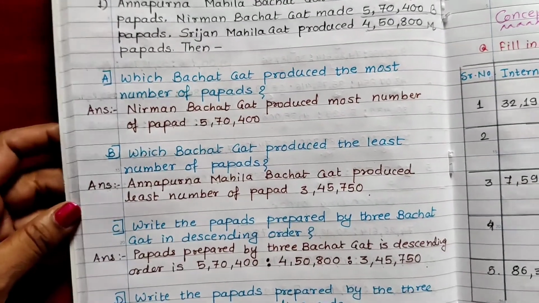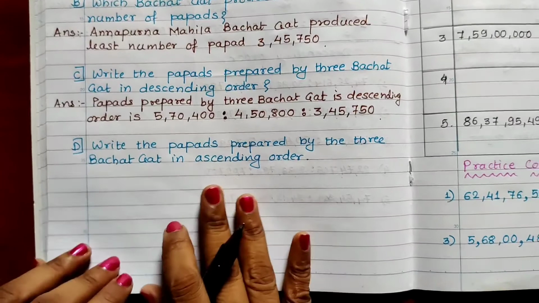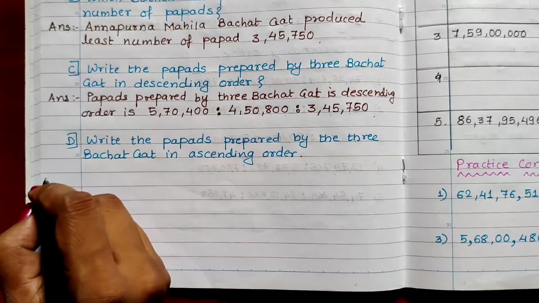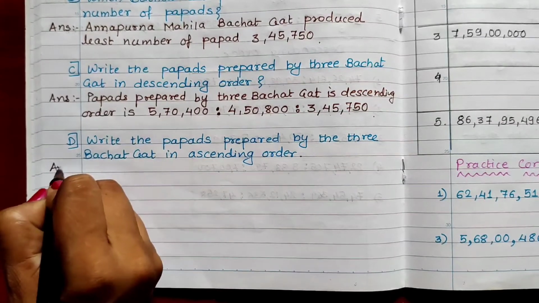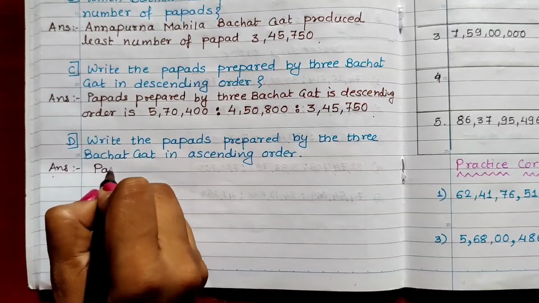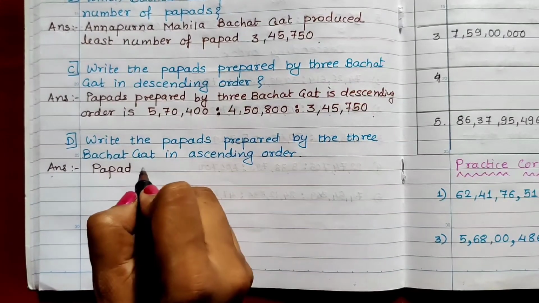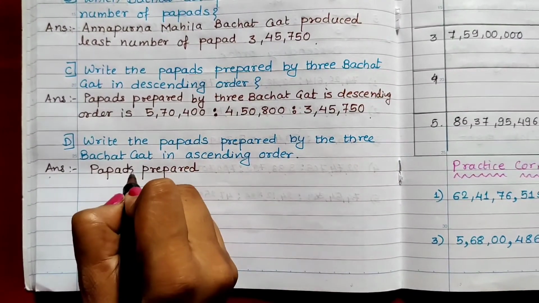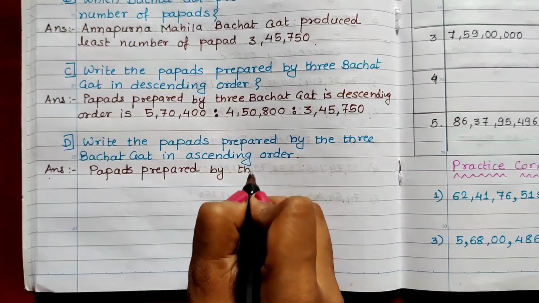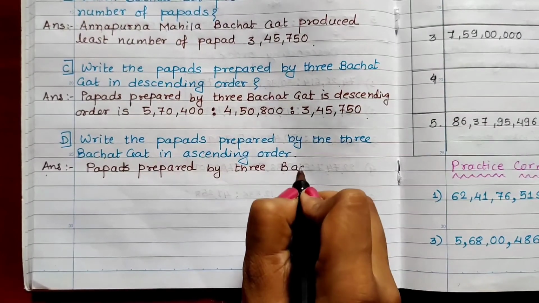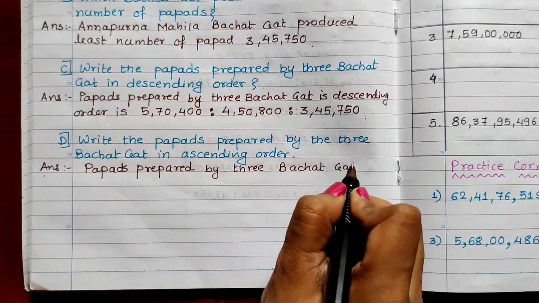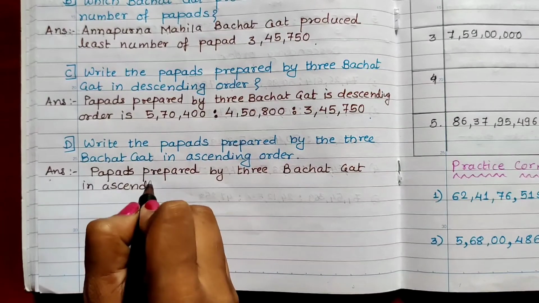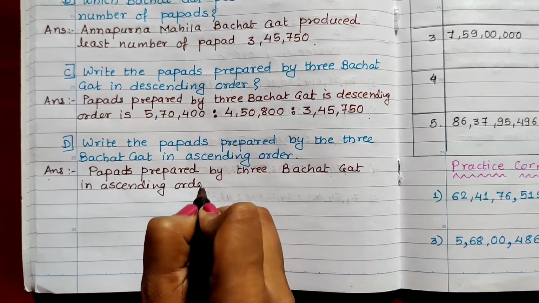Now we have to write in the ascending order. Write the papad prepared by 3 Bachat Gat in ascending order. Ascending means from smallest to biggest. We all know that. So we write the answer statement. Write in the statement form. Write properly in the statement or sentence. Papad prepared by the 3 Bachat Gat in ascending order is.